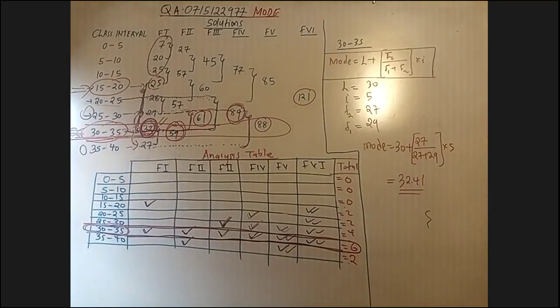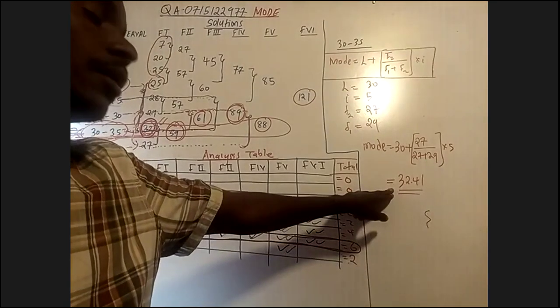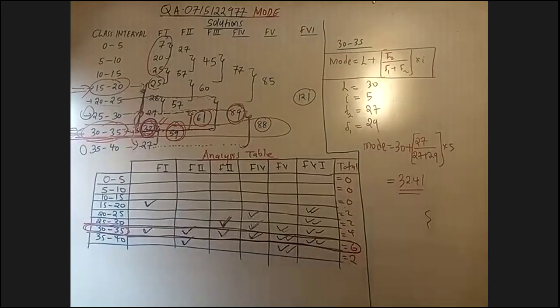True or false? Assuming true, we would say it lies between 30 to 35 through observation, but we don't know the exact figure, which is 32.41. Is that not true? That is okay, right? Now, you can decide to use this analysis table.